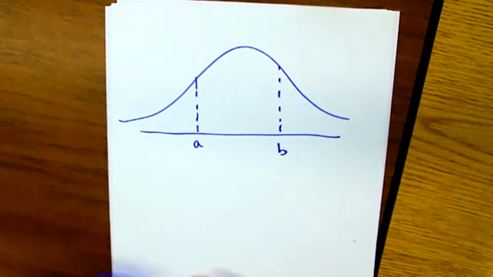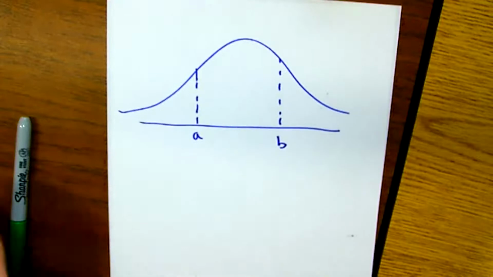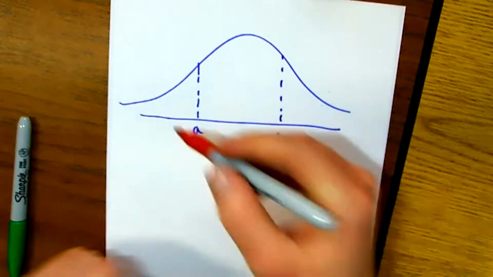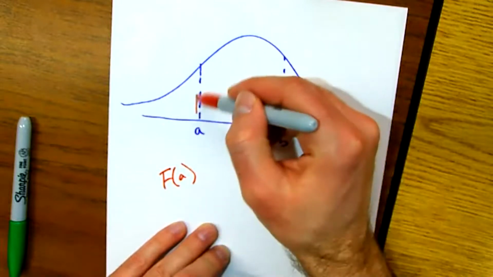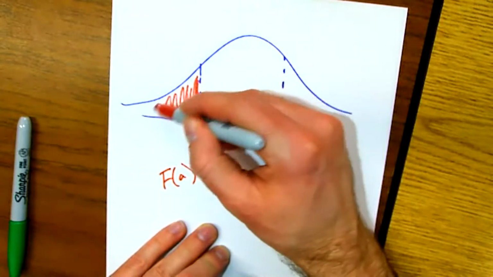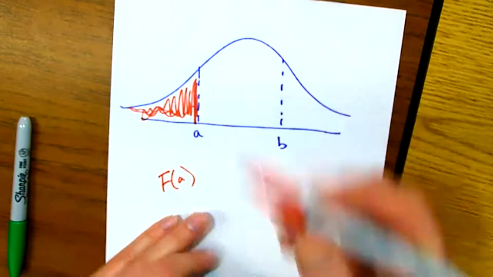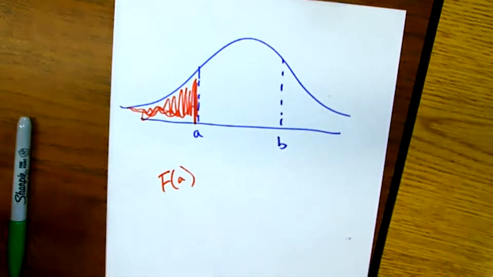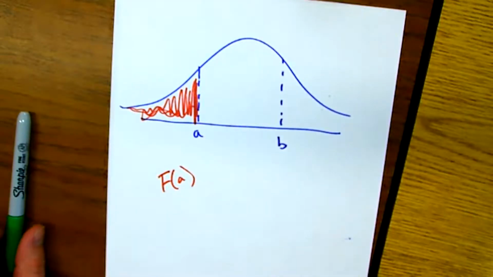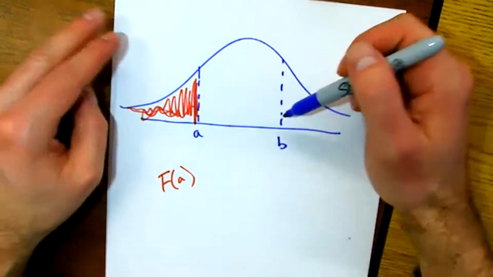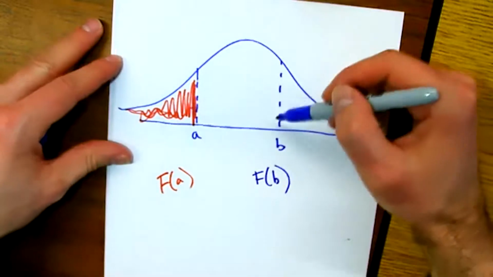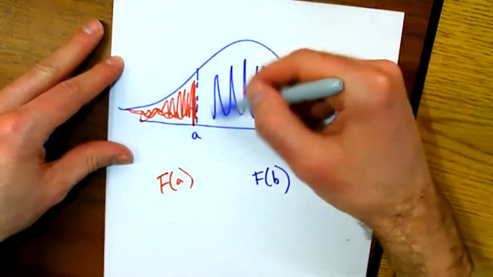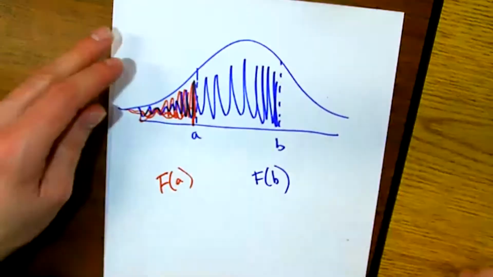So if I use the cumulative density function F of A, it would give me this area, the probability I see A or anything below it. Add up all those probabilities. What if I had the cumulative density function for B? That gives me the probability of B or anything below it.